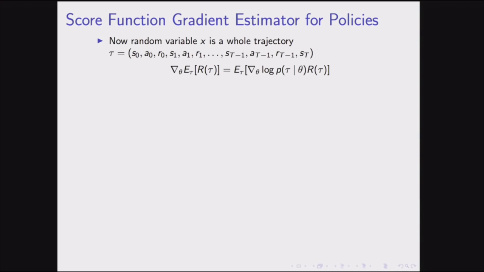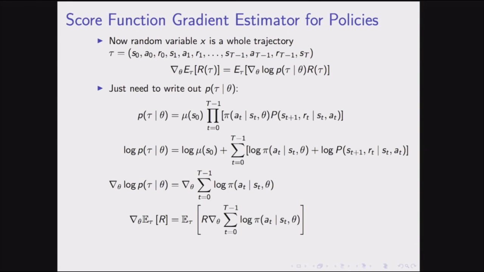So this probability of the trajectory sounds like a really unfriendly quantity because there's a long, complicated process that generates this trajectory with lots of time steps. But okay, we can write out what this process is, what this probability density is. It's just a product of probabilities.